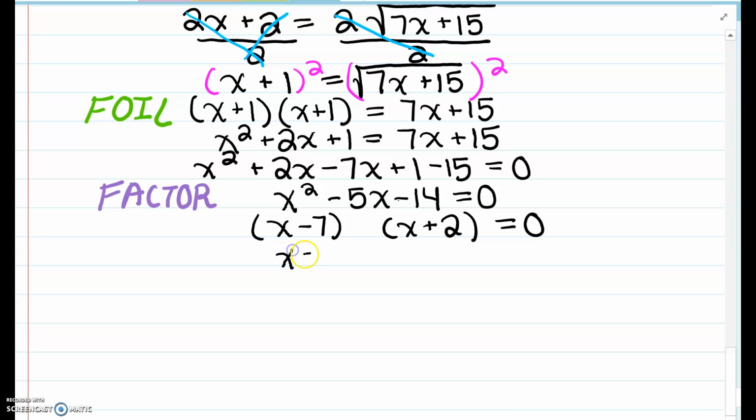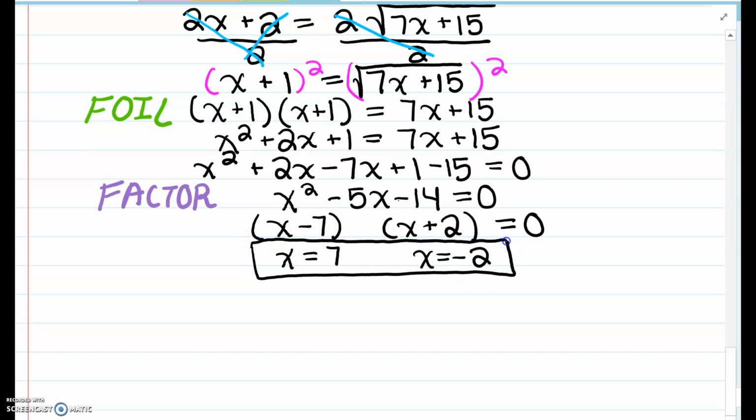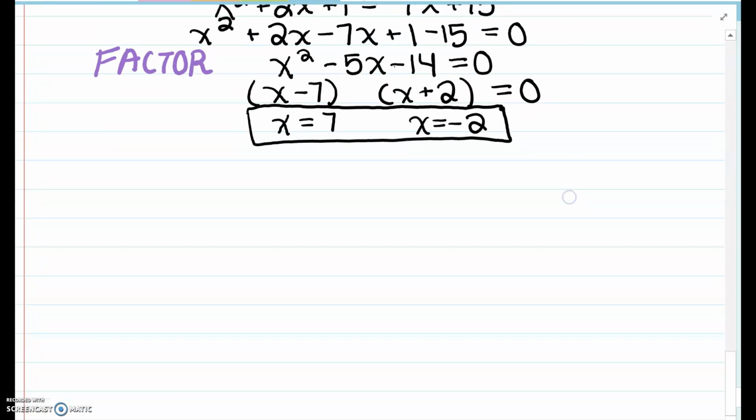So we get x equals 7, x equals negative 2. But we are not done. We now have to check both 7 and negative 2 in the original equation.